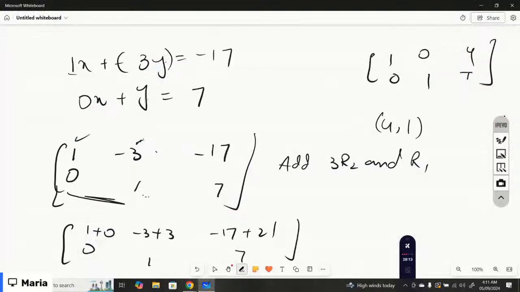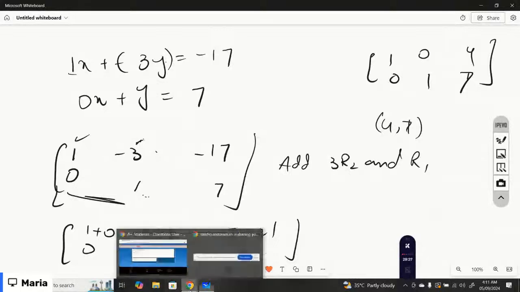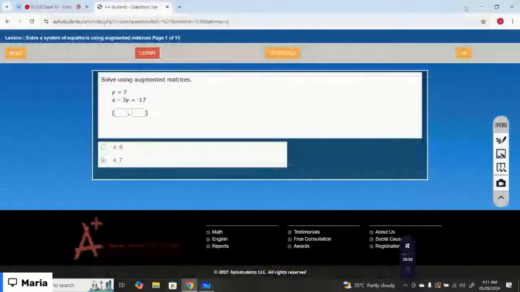Sorry, not 1. Here it is 7, right? So the correct option is 4 and 7. The solution of this system of equations is 4 and 7, right? So the correct option is 4 and 7. Option number 2 is the correct option.